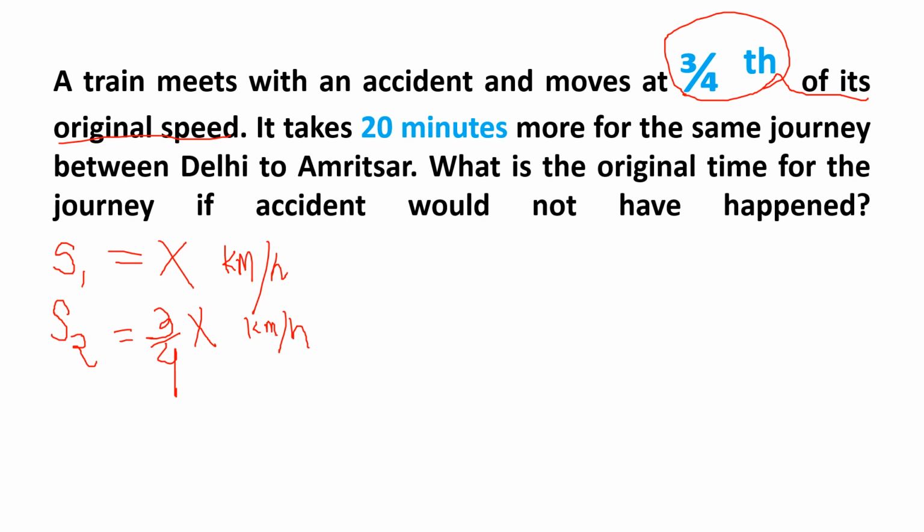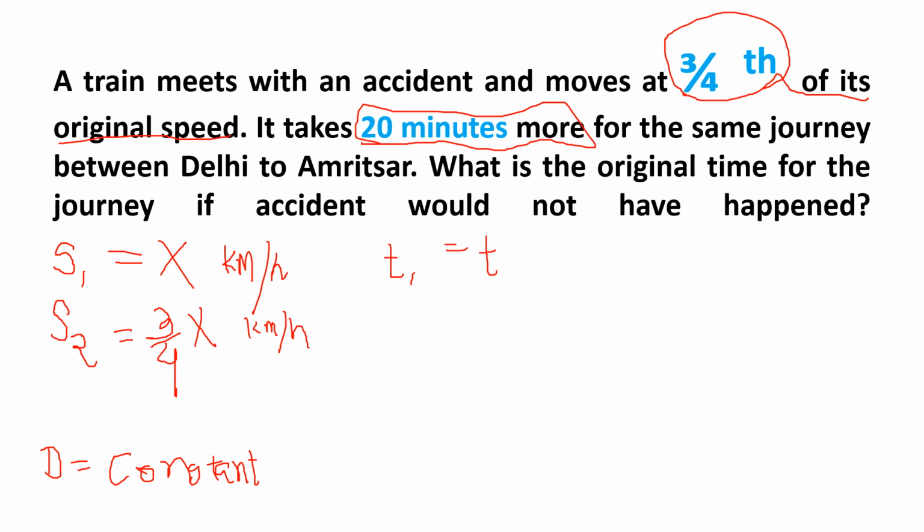Right? Now see, it takes 20 minutes more for the same journey. So over here, distance is constant. Now, if the original time is T1, let's say it is T hour.